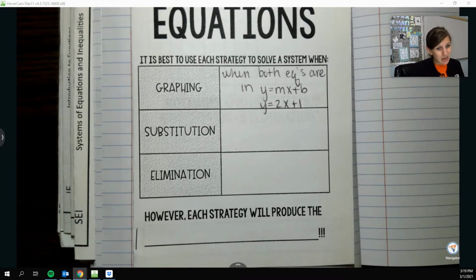But the trouble is sometimes they don't cross at nice spots like we saw in that one example way back when. Or sometimes they don't cross at small enough numbers. And if they cross at really big numbers, that can be a real pain to figure out. So that's why I sometimes avoid solving by graphing.